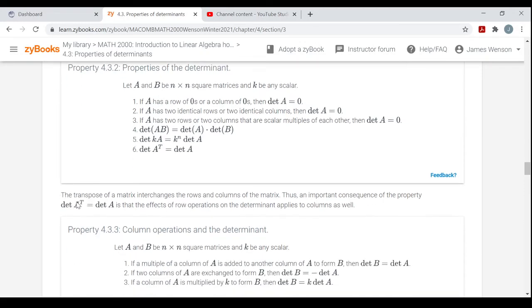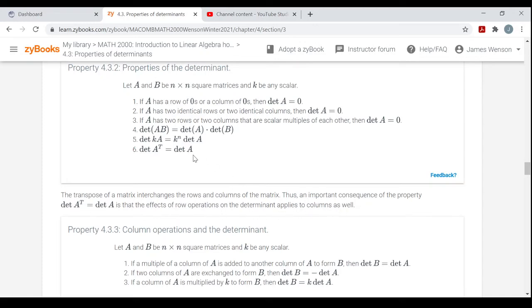All right, so the transpose of a matrix interchanges the rows and columns. We've seen the transpose before. So thus, an important consequence of the property determinant of A transpose equals determinant of A is that the effects of row operations on the determinant apply to columns as well.